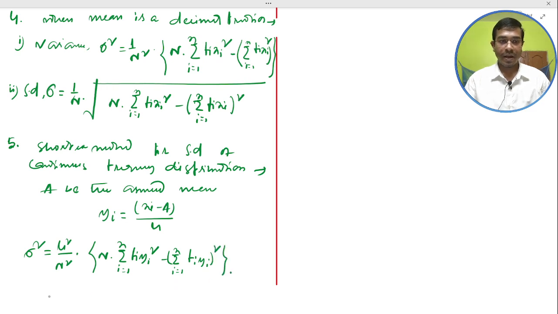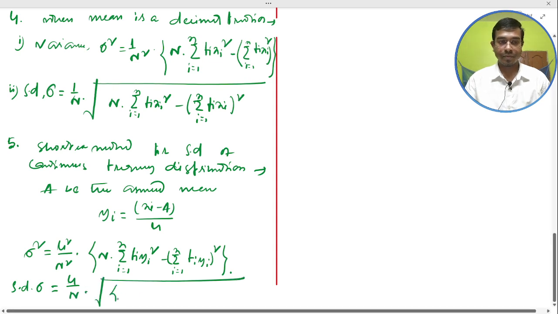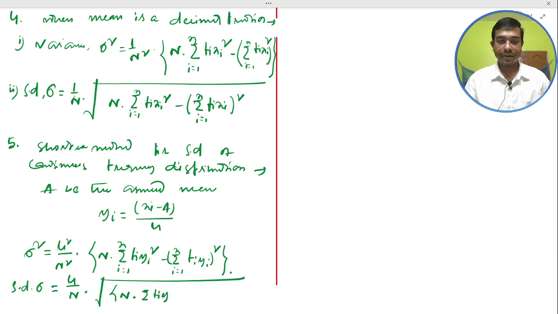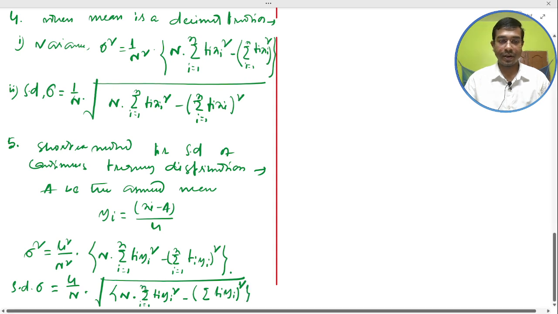And the standard deviation, sigma, is equal to h by n times the square root of n into the summation fi yi square minus, within brackets, the summation fi yi, whole square. Here i goes from 1 to n. This is the standard deviation.